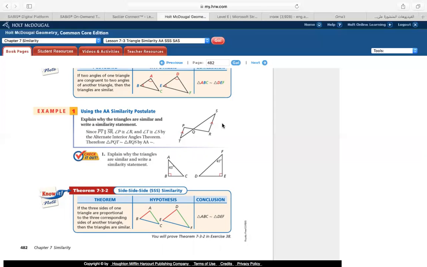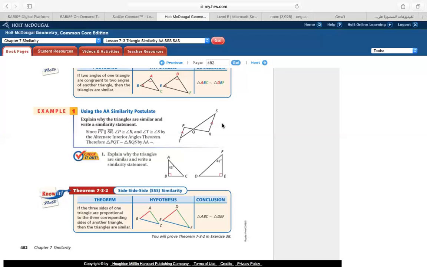Same shape, same size. I can call two shapes congruent if they have the same shape and the same size. Two triangles have the same size, and all their lengths are the same. But what about similar?